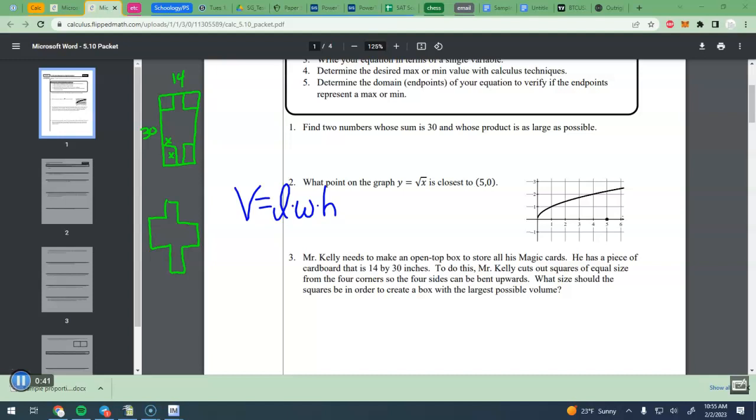Let's undo that. I don't know if that's the most helpful way to show it. Sorry. That right there, when I fold it up, that's like this piece. When I fold it up, the x becomes the height. So whatever I cut out becomes the height of it, right? Because I'm folding that piece up.